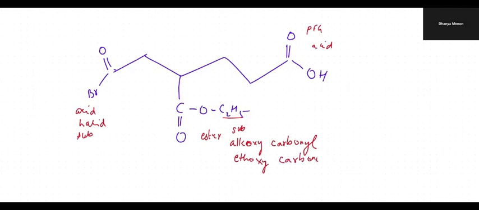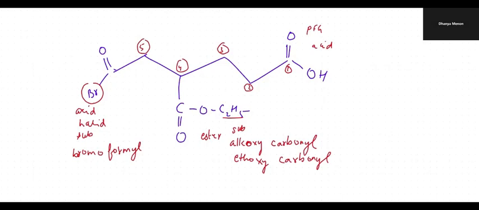And when acid halide is the substituent, we use haloformyl. So in this case, the halogen is bromine, so we use bromoformyl. So the numbering starts with the acid carbon 1, 2, 3, 4, 5, and we don't number the carbon of the acid halide. Okay, so the acid halide is connected to the 5th carbon atom.